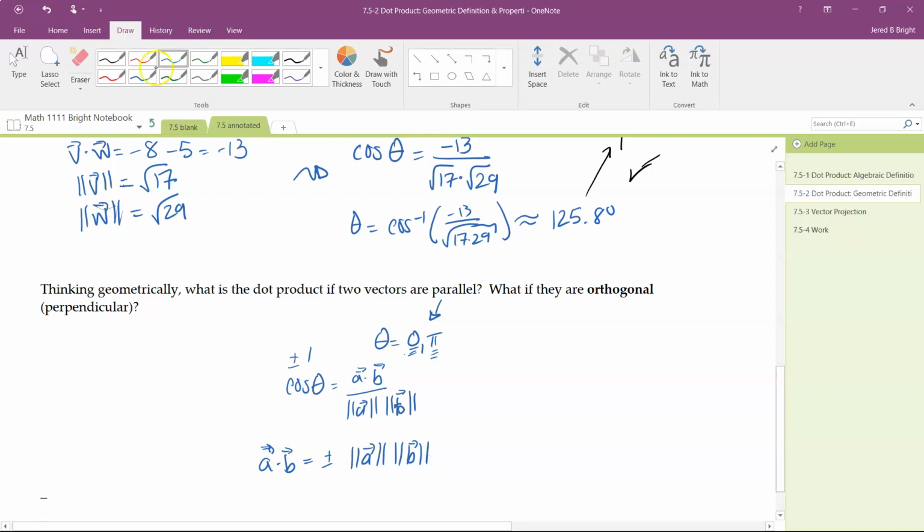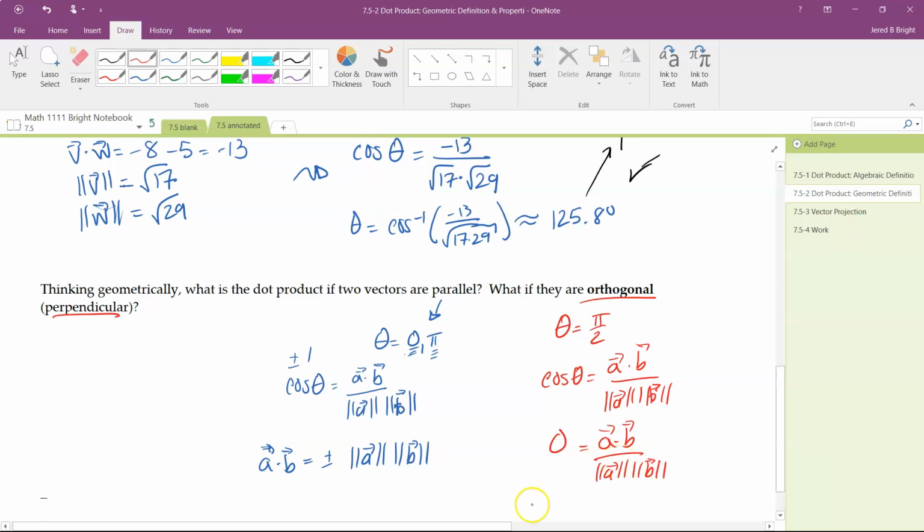Okay? In the case that they are orthogonal or perpendicular, that is where the angle between them would be 90 degrees, pi over 2. So then in our definition, cosine theta is equal to A dot B over length of A, length of B. This would be 0 is equal to A dot B over length of A, length of B. And so really 0 would be the same thing as the dot product.